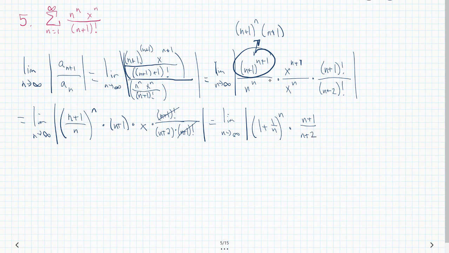All I did is I moved this piece and this piece together in one fraction. And then times some x.